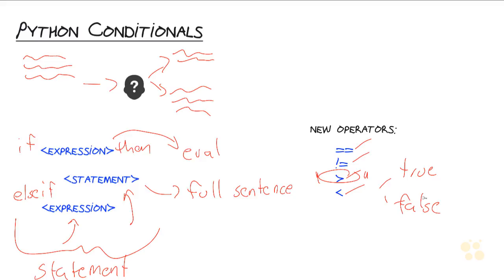That's how we can get our if statement to function. We have an expression that has the potential to return two different values. That means that if it's true, we can run one statement. If it's false, we can run a different statement. So we're going to learn about those new operators. Let's take a look at some code now and start executing some of these things to see how it works.